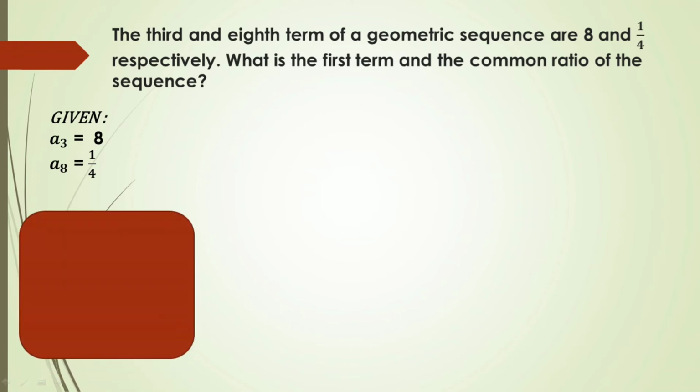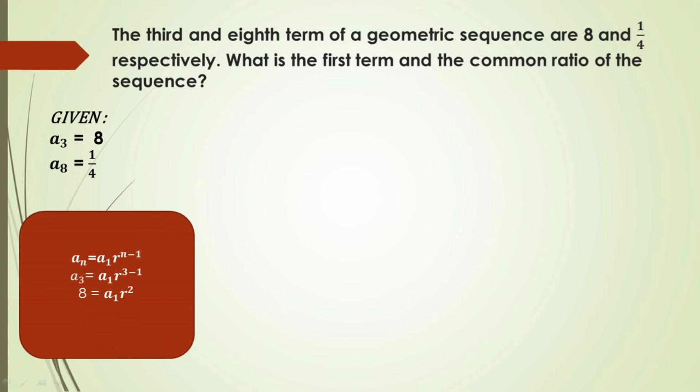equation. So first, let's use the third term, which is equal to 8. Using the formula given, a sub n, which is equal to a sub 1 times r raised to n minus 1, our a sub n, which is a sub 3, so our n is equal to 3. So this will be equal to a sub 3, which is equal to a sub 1, r raised to 3 minus 1. 3 minus 1 is equal to 2, and our a sub 3 is equal to 8.